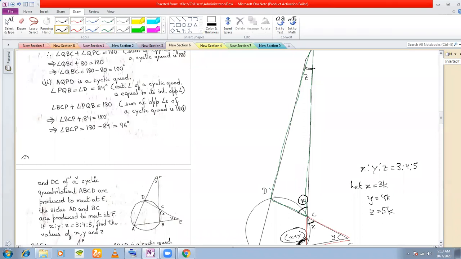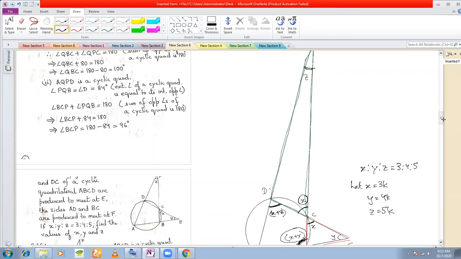This one, right? So therefore this angle must be equal to X plus Z. Right or wrong? Yes, sir. Because you know that in a triangle, the exterior angle is equal to the sum of two interior opposite angles. So this must be equal to X plus Z.